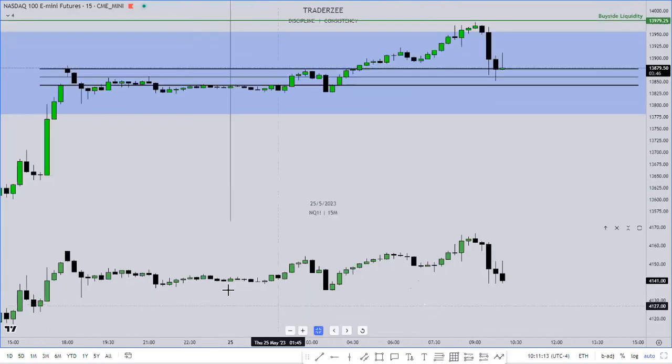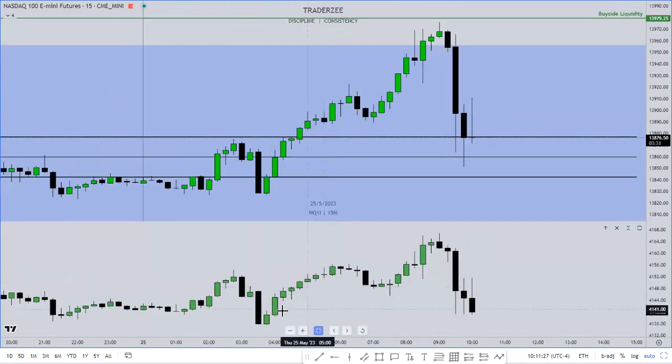Sorry, I was doing something else, but what I'm talking about is here. There's an SMT here where Nasdaq didn't take out the low, it made clean equal lows, but ES did take out this low. So this is an important kind of an order block, but we are watching it. We're not just buying the order block randomly.